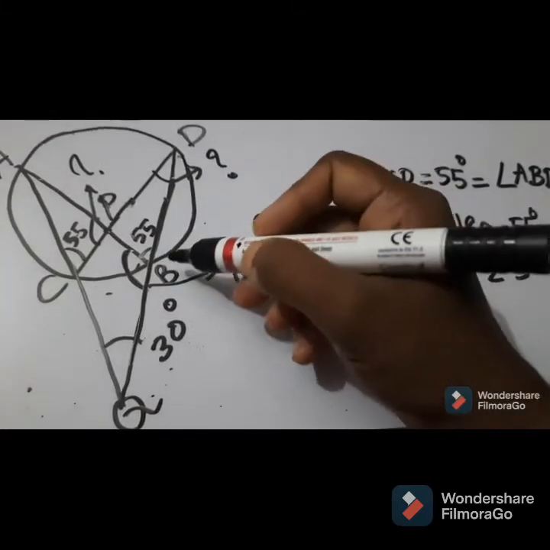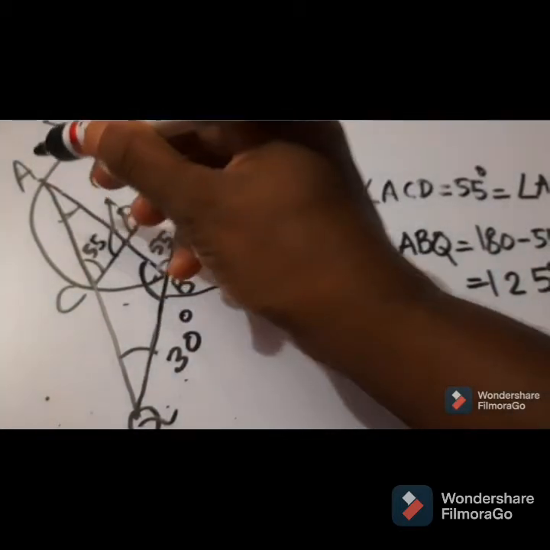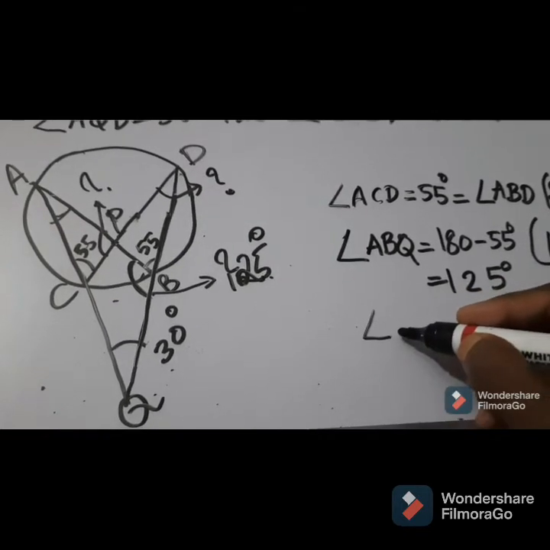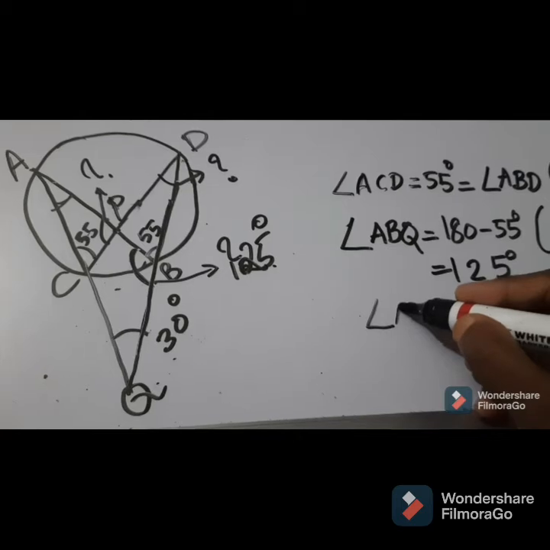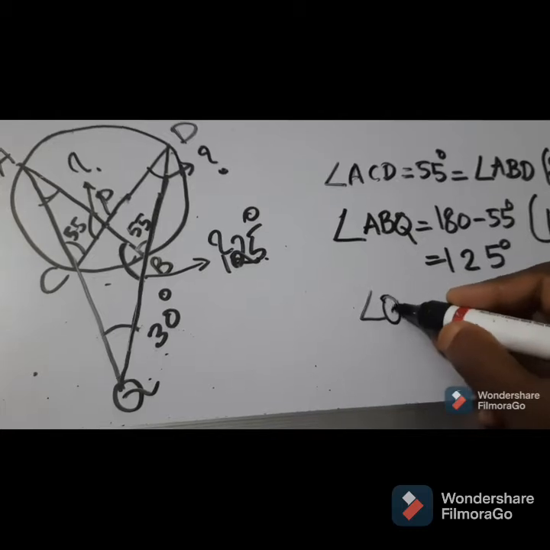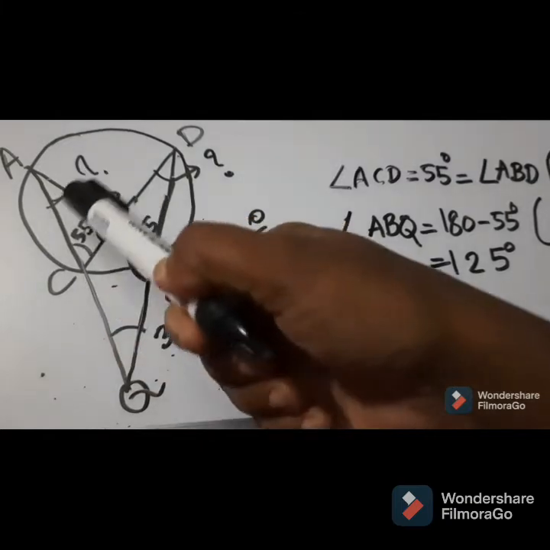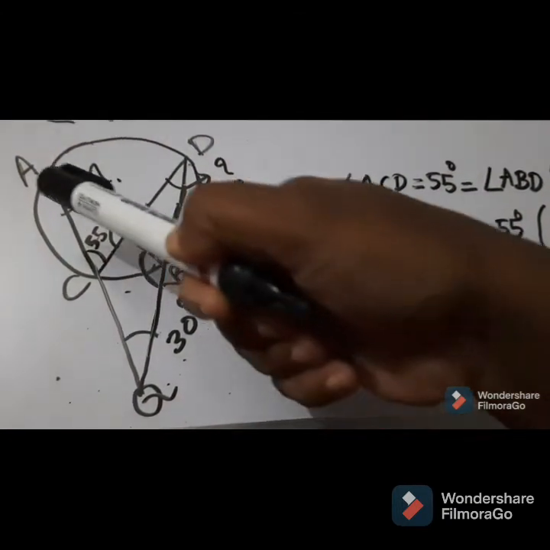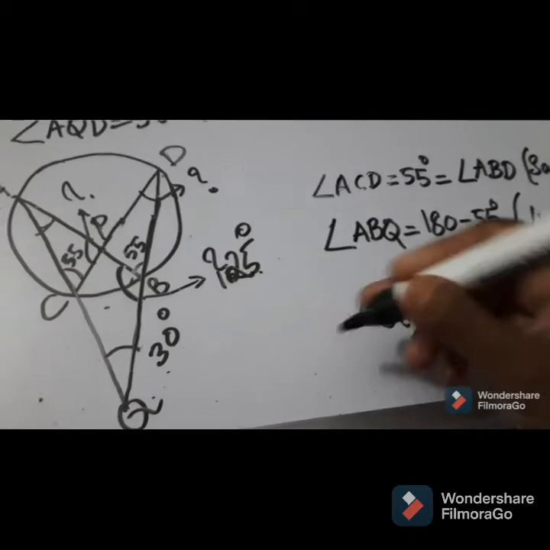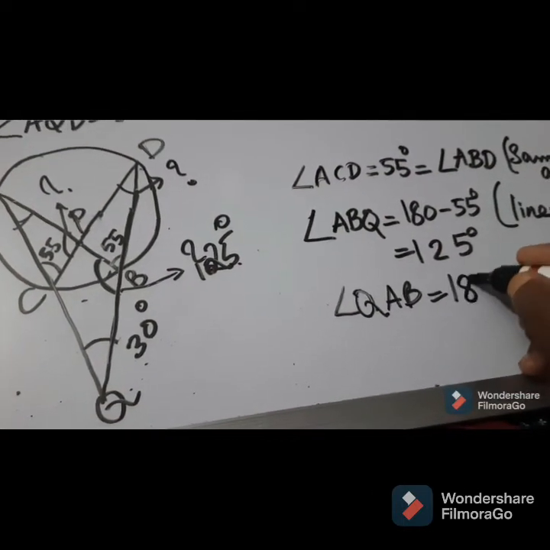Now the next question. Here it is 30, here it is 55, so we can find this angle. This is a triangle. We can write angle QAB, because we want this angle, that means QAB or BAQ. That is equal to 180 minus these two angles, because this is a triangle and the angle sum is 180.